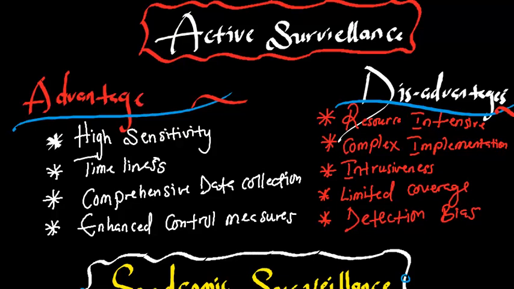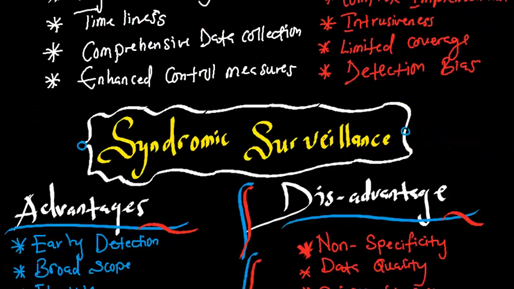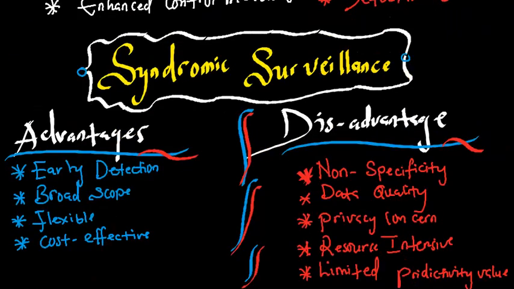So next thing we need to look at is syndromic surveillance. When we say syndromic surveillance, this simply involves monitoring non-specific indicators or patterns of symptoms, such as fever, respiratory illness, or gastrointestinal complaints, rather than specific diagnoses. In simple terms, syndromic surveillance focuses on signs or symptoms or any marker that may indicate a disease.